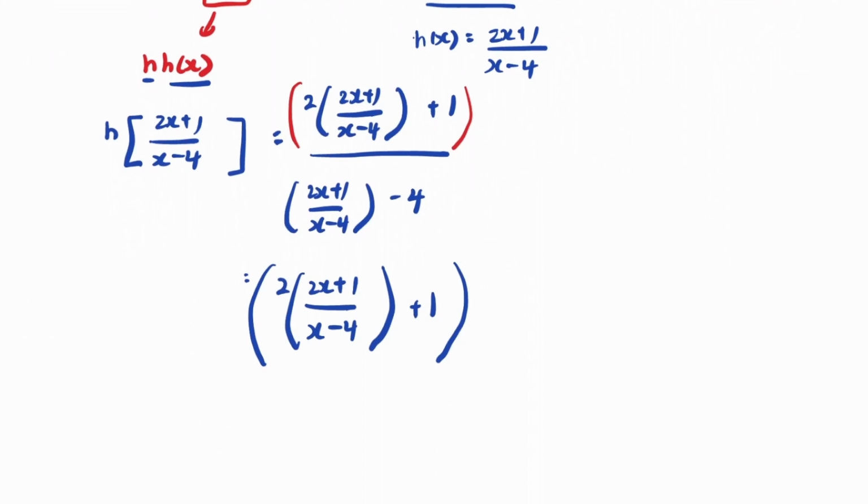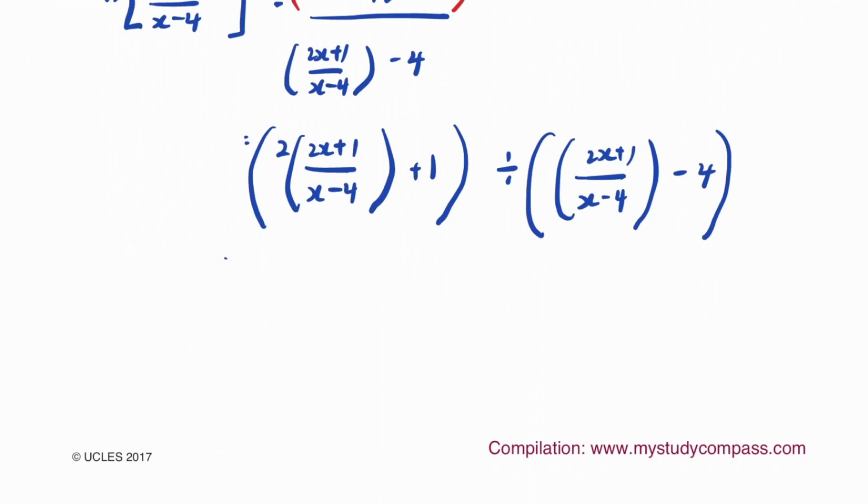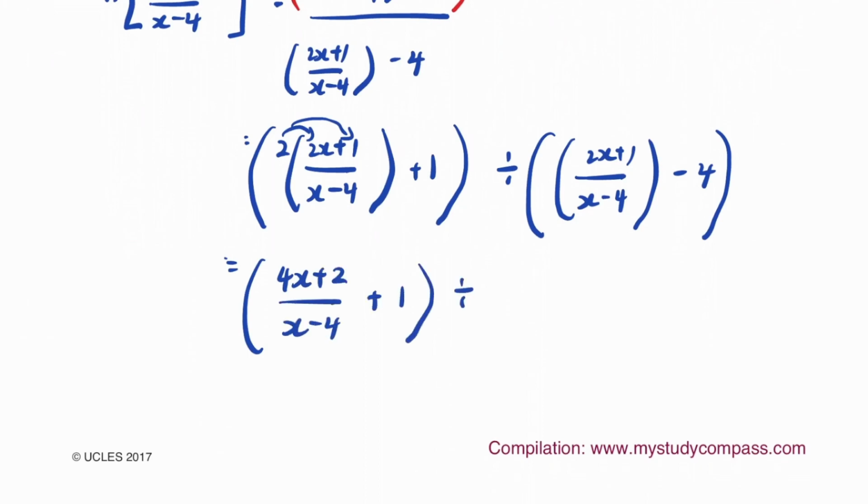Just put a bracket there and divide it by 2x plus 1 over x minus 4, close bracket, minus 4, close bracket. Okay, so expand the 2 inside, it becomes 4x plus 2 over x minus 4 plus 1, divided by 2x plus 1 over x minus 4 minus 4.